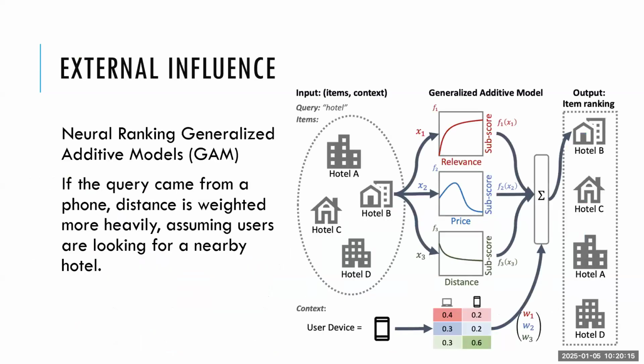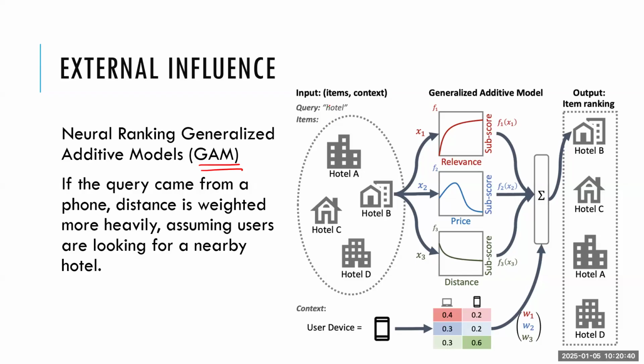Another one would be GAM, the Neural Ranking Generalized Additive Model. And this one actually uses multiple rankings based on other influences, right?